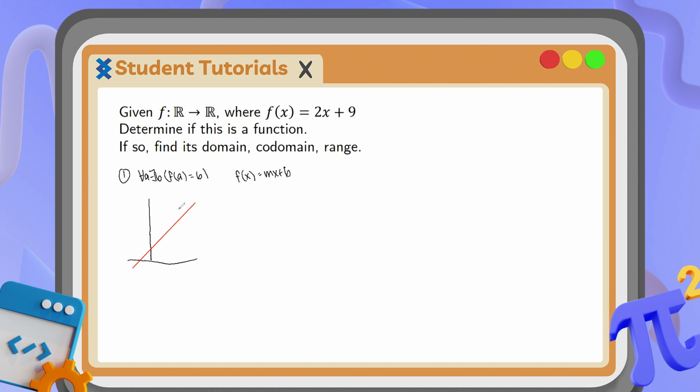And with that, since again, it does not generate more than one output, you have to consider that it also does not generate less than one output, then this would mean that this one is a function.